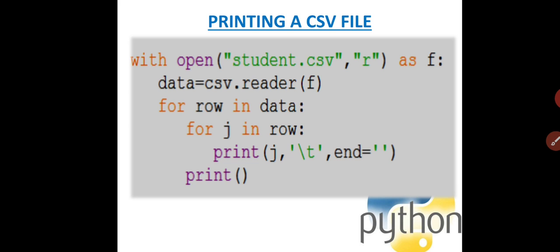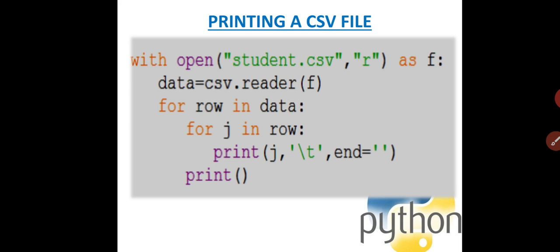Suppose this nested list data has 5 rows. The first row will come into the row variable once the loop is executed, and that row is again of list type, as data is a nested list.